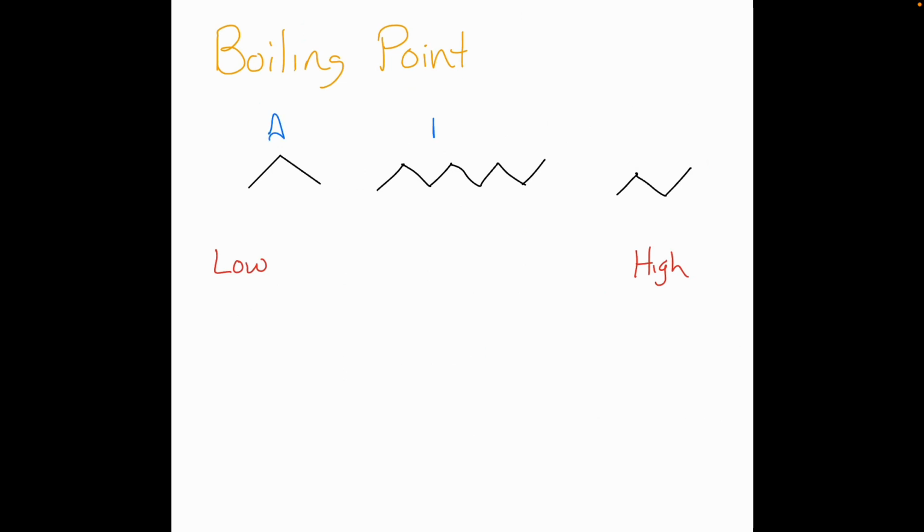Let's call these A, B, and C here. So which one's going to have the lowest boiling point? A. Which one's going to have the highest boiling point? B. And C's in the middle. And so how do we make that determination?